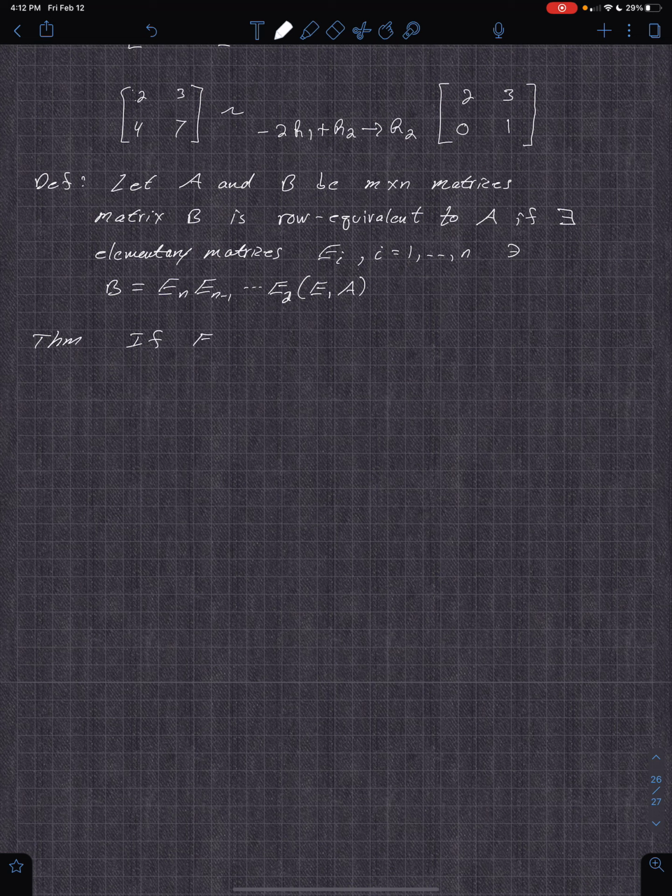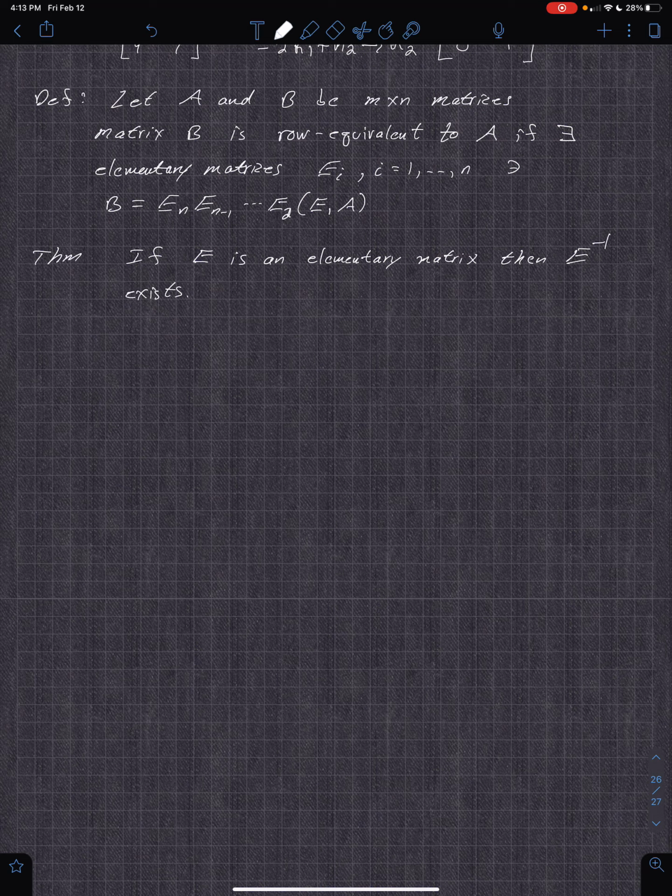If E is an elementary matrix, then its inverse exists. Or I'll just say E inverse exists. So in other words, all elementary matrices are invertible.